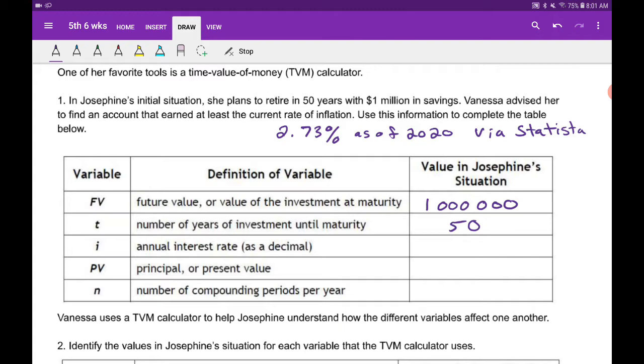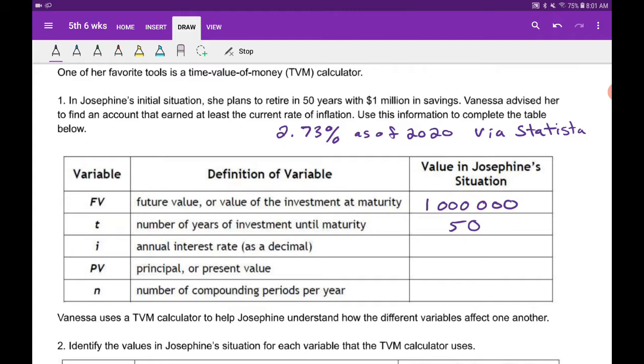Interest rate is the rate of inflation. So we use this as a gauge. Whatever we're investing this money in, we want to make sure it is as good as 2.73% or better. And the reason is inflation, because things that cost something now will cost more in the future. So we want to make sure that the money we're saving is going to at least meet the inflation rate. That way, the dollar is worth the same amount as it is now, if that makes any sense.